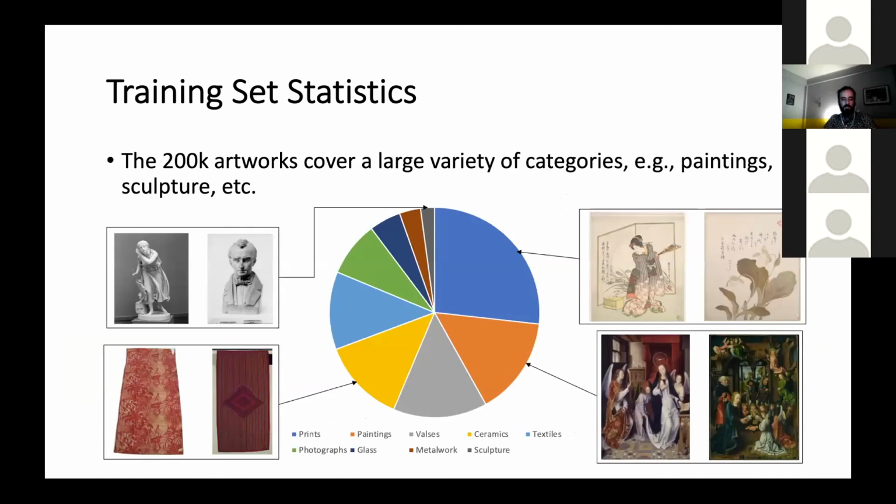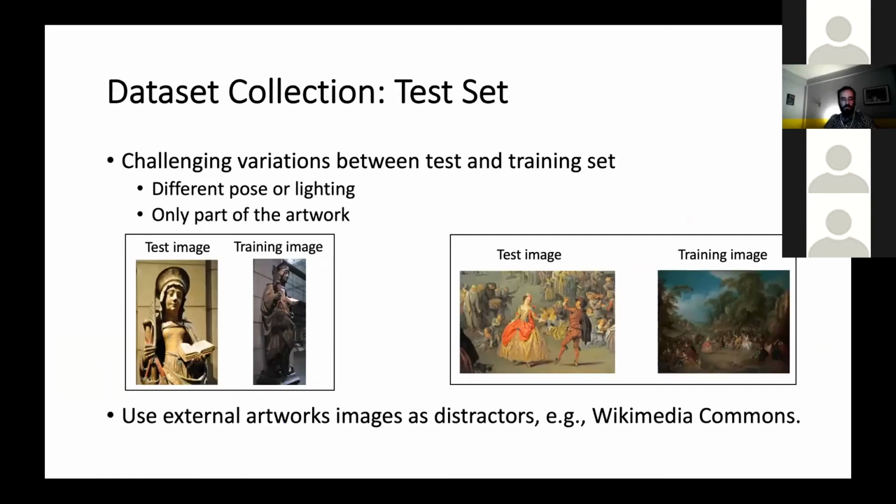And second is that the test set and the training set have very large variations. For example, the pose and the lighting can be very different for the test and training images, and also the test image can be only part of the artwork in the training set. So this is very challenging.